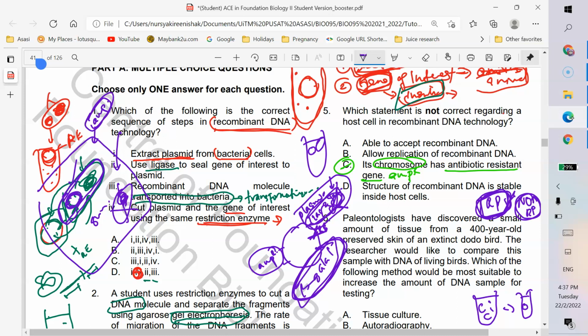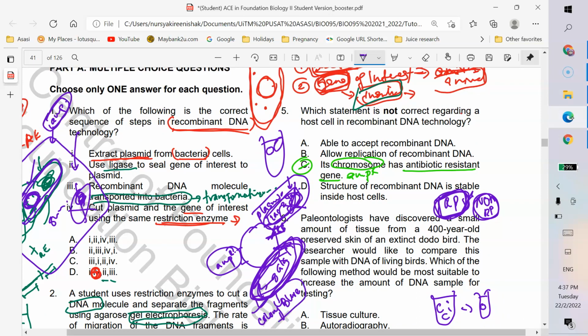Okay, colorless substance. So this colorless substance, kalau LAC-Z gene tu berfungsi, the colorless substance will be hydrolyzed by the enzyme beta-galactosidase ni, dan bakteria tu akan menjadi koloni yang berwarna biru.